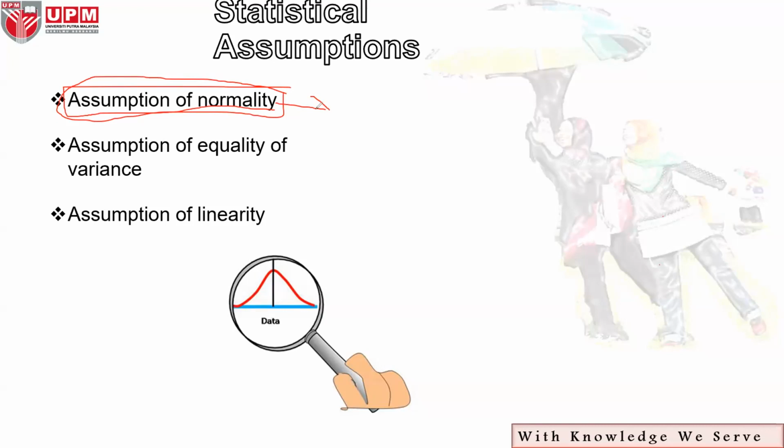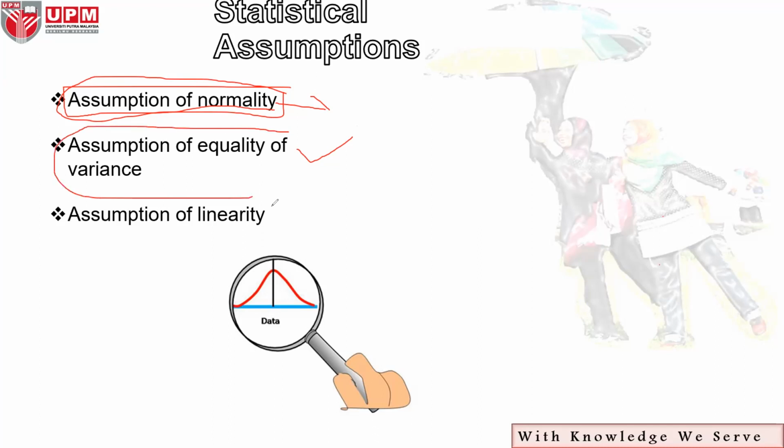Next one, assumption of equality of variance. So the assumption of normality is mostly applicable to all parametric statistics. But the assumption of equality of variance is only applicable to statistics that involve comparison. For example, t-test, ANOVA, one-way ANOVA, two-way ANOVA. Okay, any statistic that involves comparison.